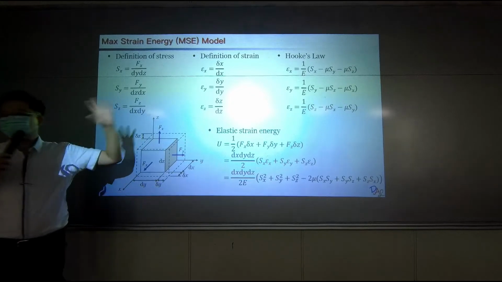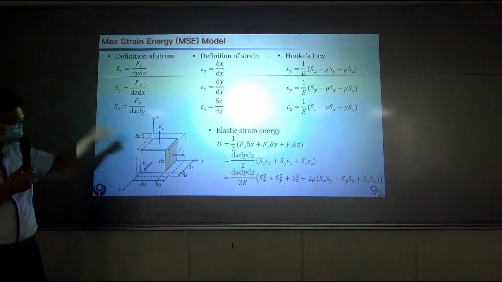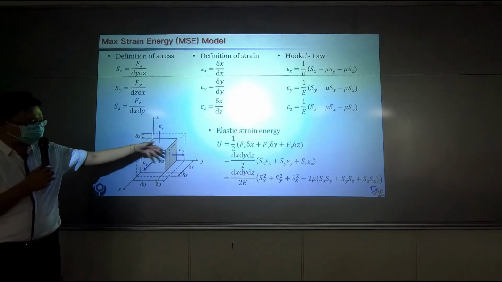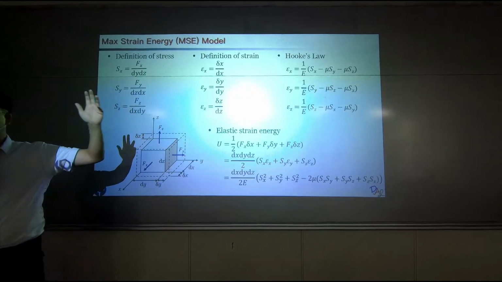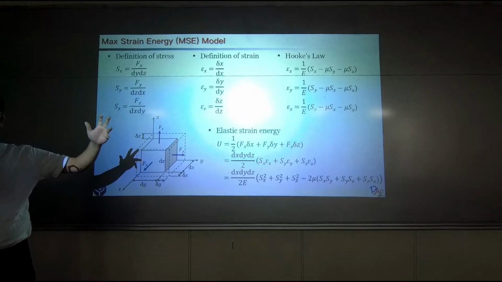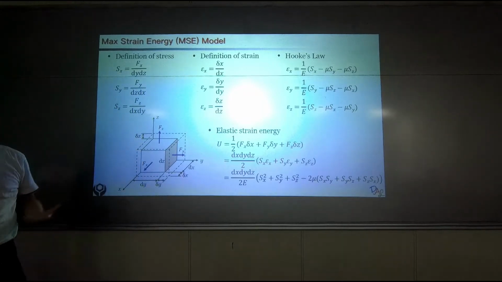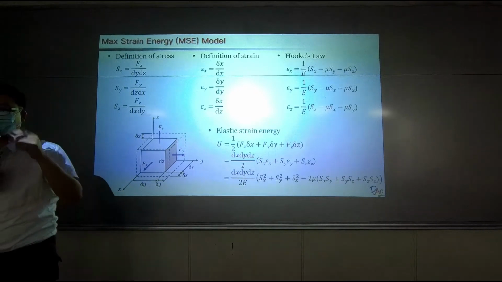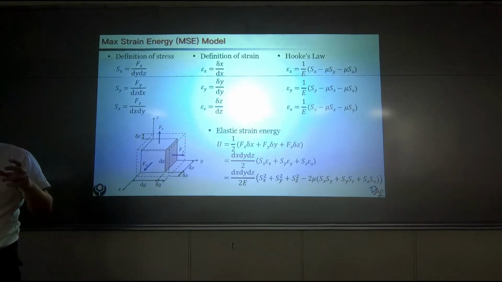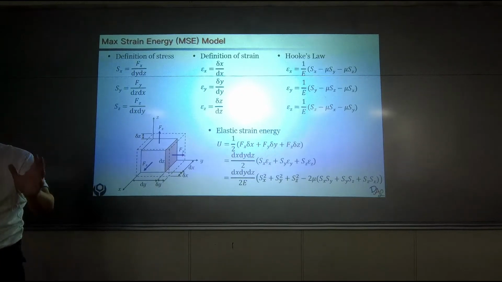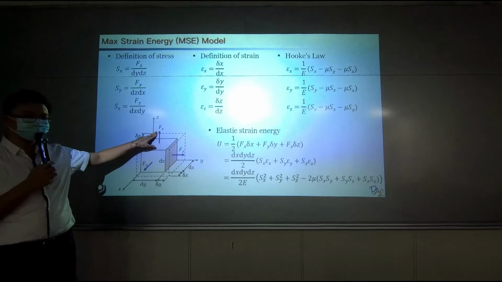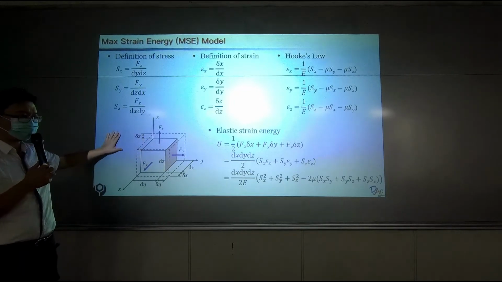All kinds of cases can reduce to a general case like this, and you can have principal stress directions. Based on what we learned from Mohr circle analysis, we know if we change how we observe the material, there is always one orientation where you only have normal stress.